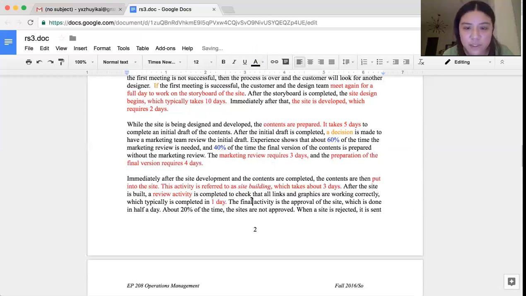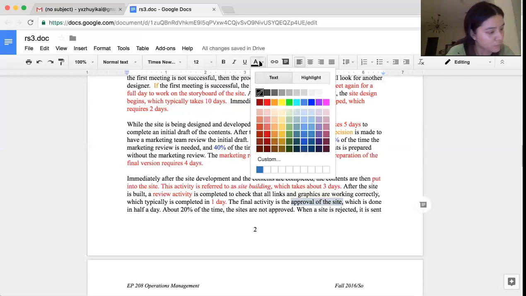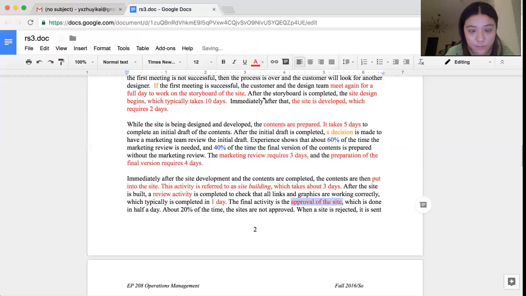The final activity is the approval of the site, which is done in half a day. About 20% of the time, the sites are not approved.